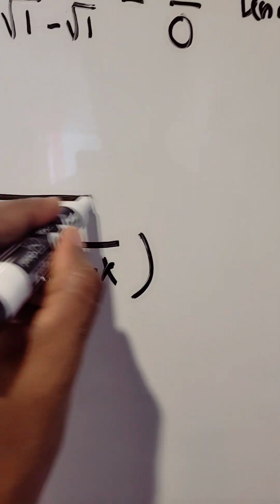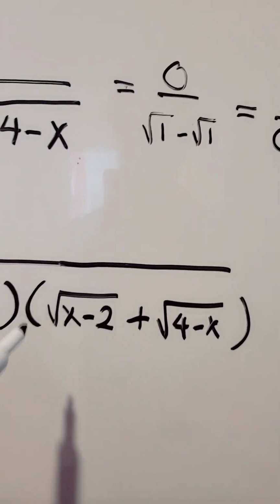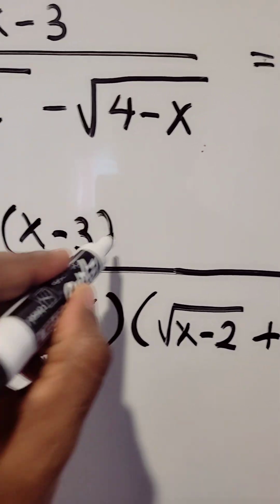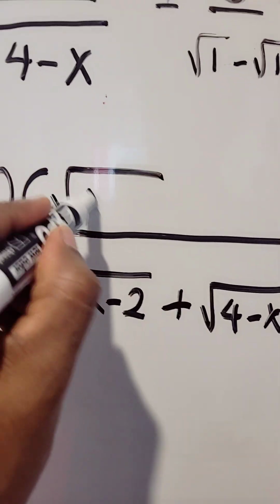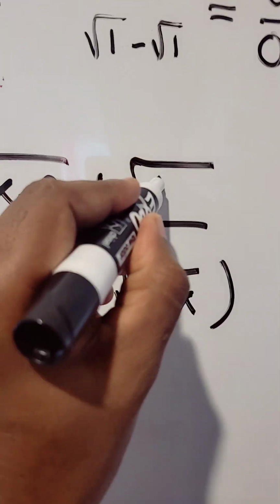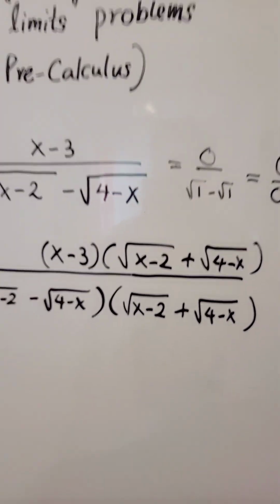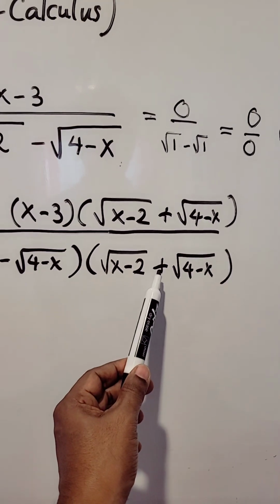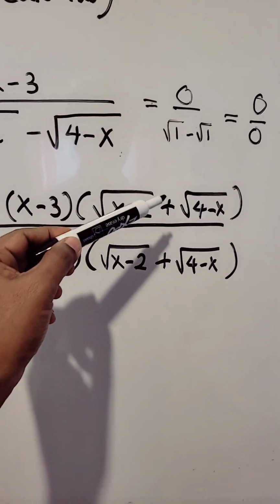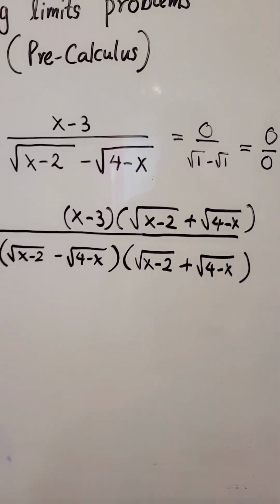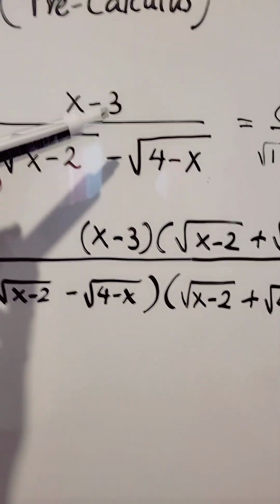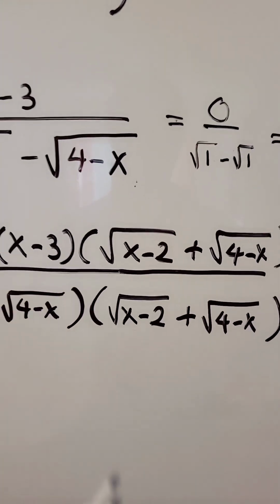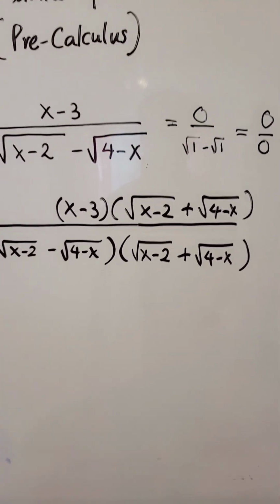I put that same term in the numerator along with x minus 3. I multiplied the same thing on the numerator, because then it cancels out and you get the same expression. That's how you proceed when you have irrational terms in the numerator or the denominator.